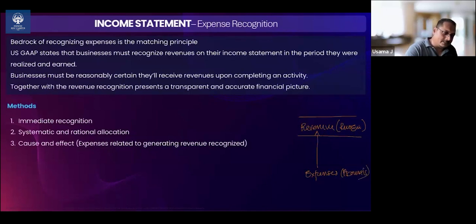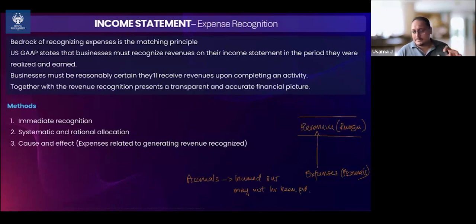And once again, just to remind you on accruals, as it applies to expenses, how does it work? Incurred, but may not have been paid. Incurred, but may not have been paid. But it is relevant to the current financial period, right?